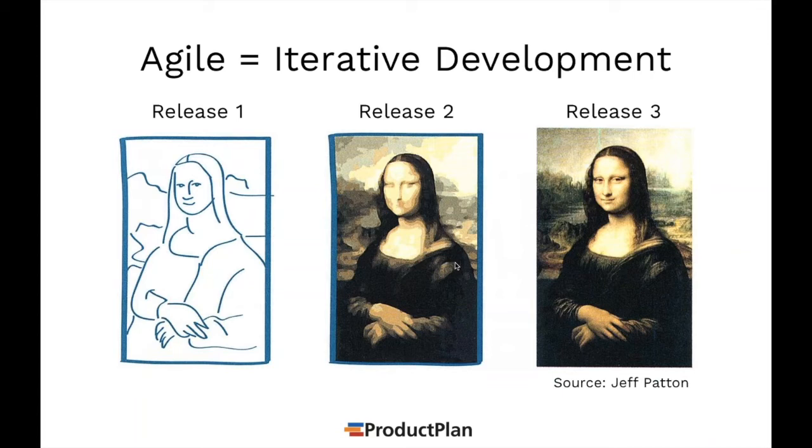So your first release may be feature complete, but it may not have everything feature-wise within the product. And so through successive sprints or releases, you'll be delivering the full-blown feature that your customers are asking for.